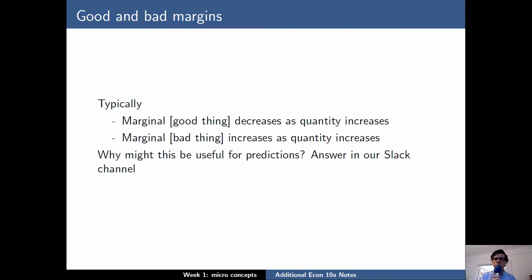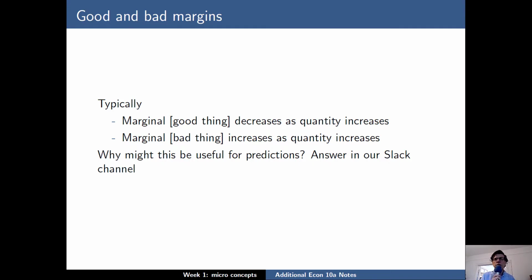The opposite is also true, that a marginal bad thing tends to increase as quantity increases. Marginal cost tends to increase as quantity increases. Marginal tax rate tends to increase as income increases. This is a generalization. This is not always true, but it's true very often.